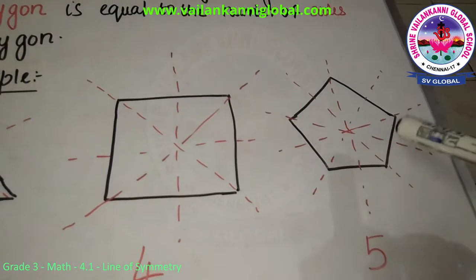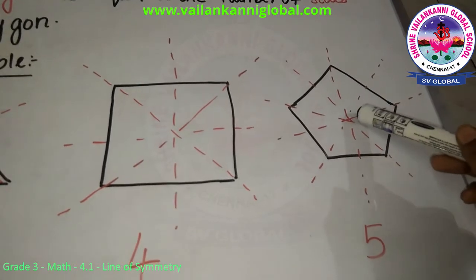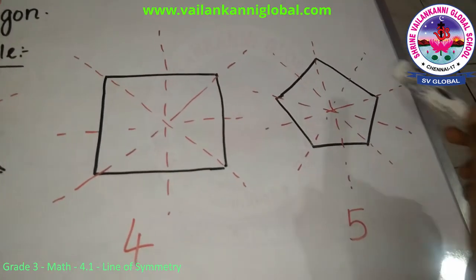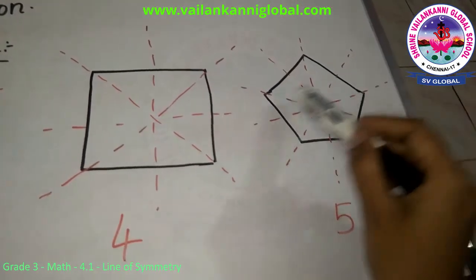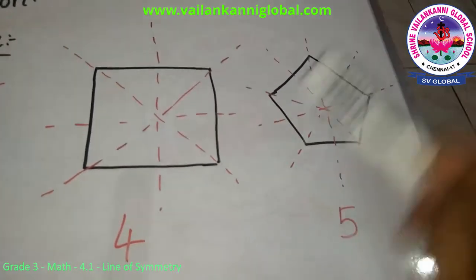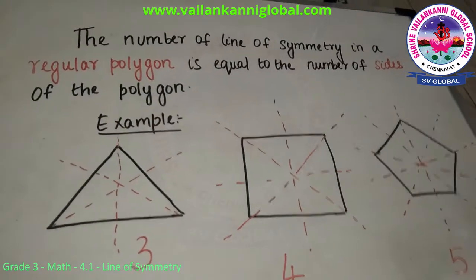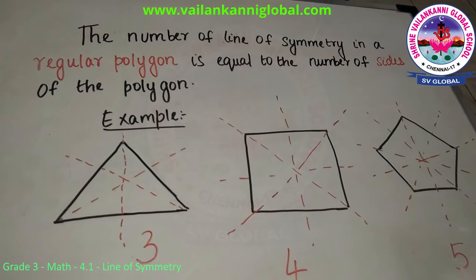So this is a pentagon which is again a regular polygon. So the lines of symmetry are equal to the number of sides. We know a pentagon has 5 sides. So there are 5 lines of symmetry. Like this, along this corner, along this corner, along this corner, along this corner and along this corner. So there are 5 lines of symmetry. So it is very easy to find lines of symmetry in a regular polygon.